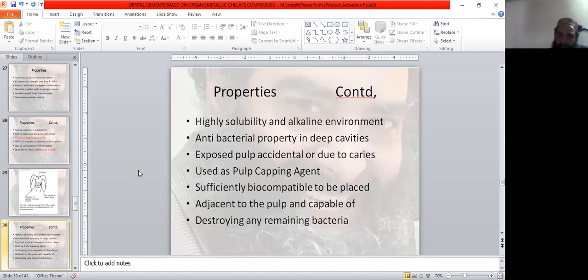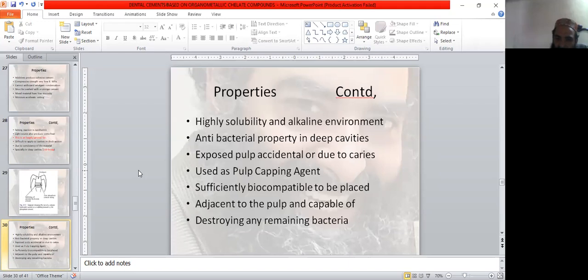High solubility and an alkaline environment are its properties, due to which antibacterial property in deep cavities can be achieved. Exposed pulp, accidental or due to caries, can be covered by calcium hydroxide, where it is used as a pulp capping agent.